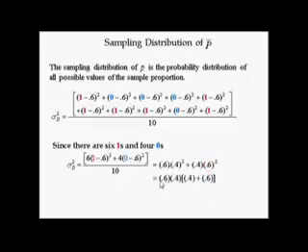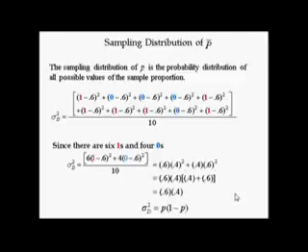Factoring 0.6 and 0.4 from the sum yields 0.6 times 0.4 times the sum of 0.4 and 0.6. Since the sum of 0.4 and 0.6 is 1, the variance of D equals 0.6 times 0.4, or 0.24.